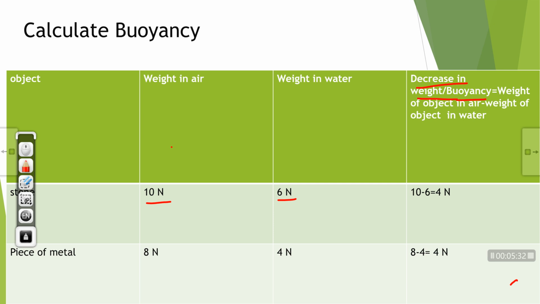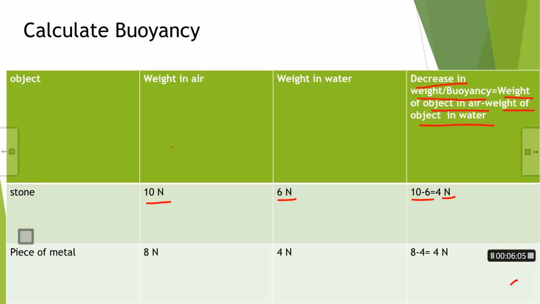We know the equation to calculate buoyancy. Buoyancy is equal to weight of object in air minus weight of object in water. So, the weight of stone in air is 10 Newton and the weight in water is 6 Newton. So, buoyancy will be 10 minus 6, that is equal to 4 Newton.